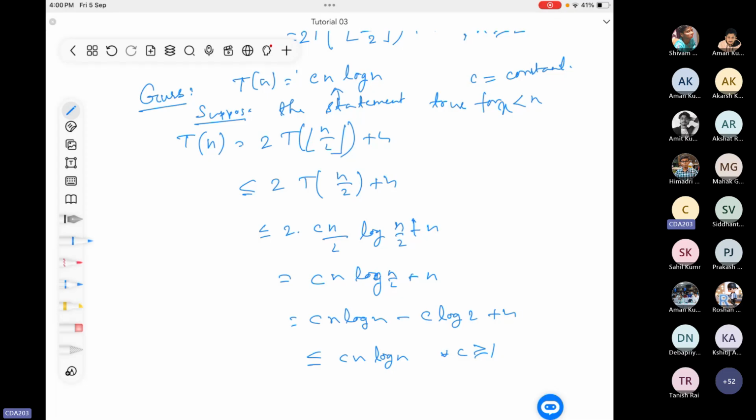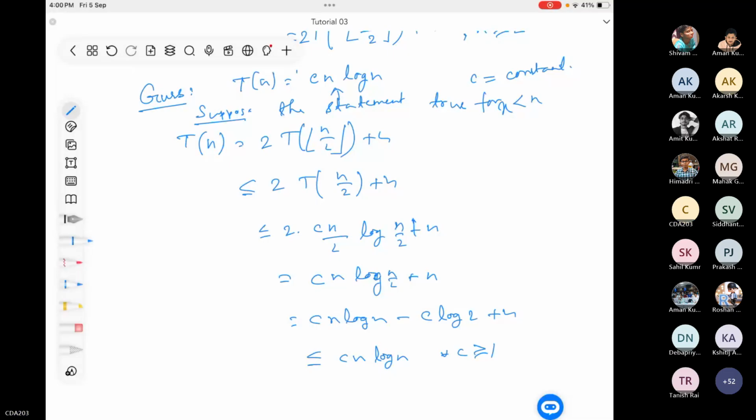So recall the definition of the order notation. Order of n means that your function will follow n after a certain value. There exists some n0, and after that value the function would follow n, a multiple of n.